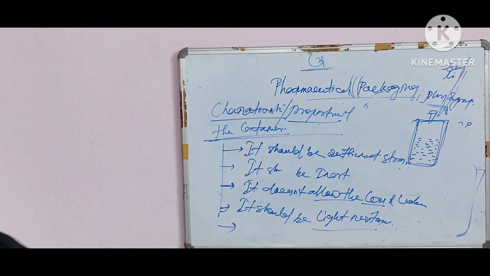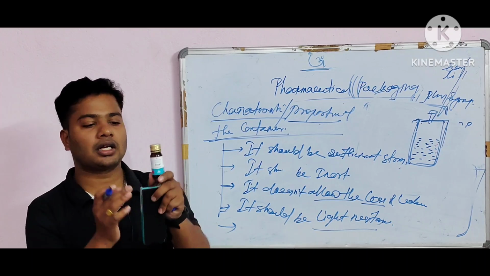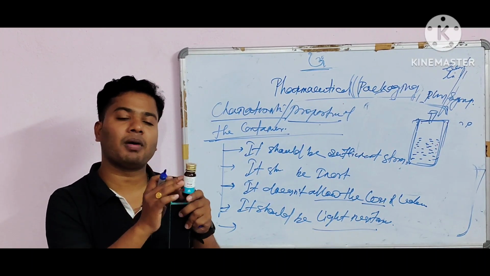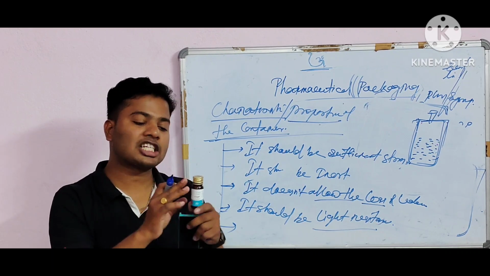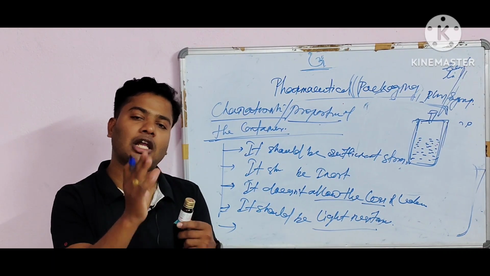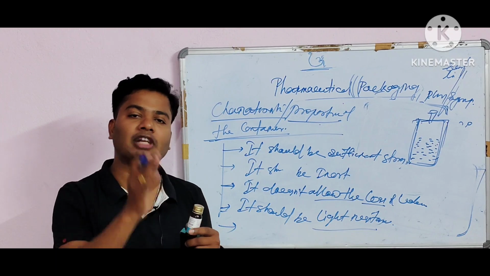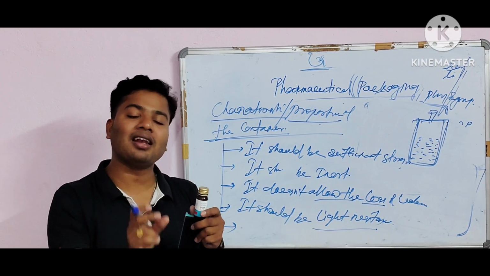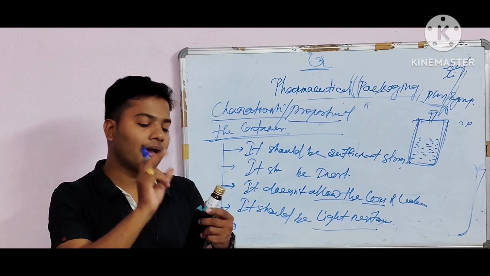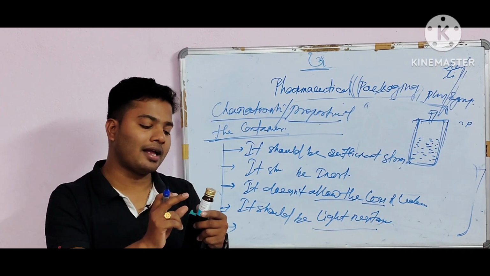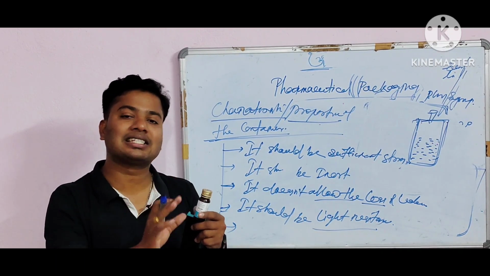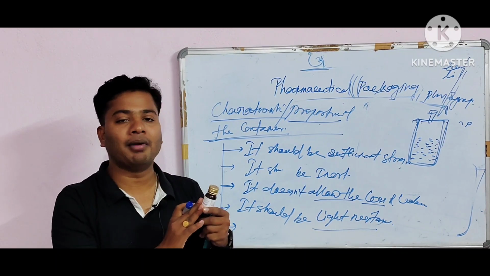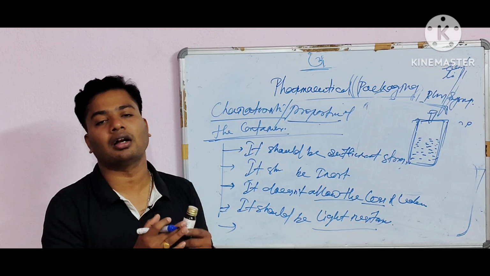So because the surface is properly clean, for the containers you choose for the packaging of liquid dosage forms, you have to choose a clean or plain surface. According to the plain surface, you can easily stick the label or attach the label on the surface of the container.